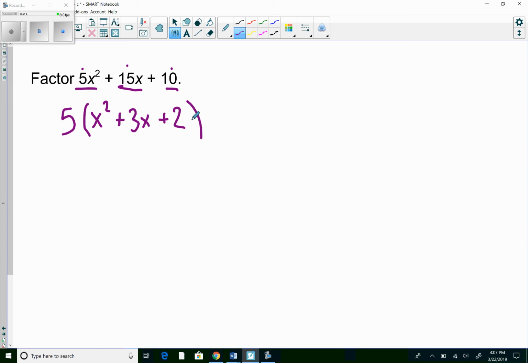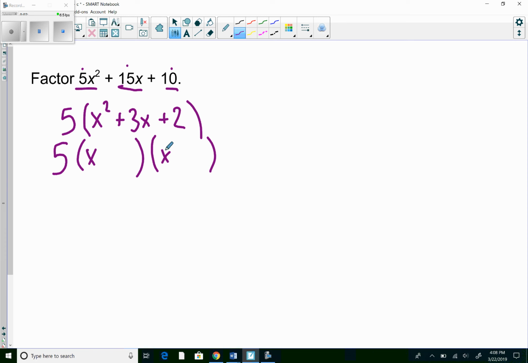Now we're not done because remember, our essential question said you need to factor into two binomials, right? So we need to make sure that we take this trinomial and get it into that product of two binomials. So what I'm going to start by doing is write down the 5, and then I'm going to factor this trinomial into two binomials.